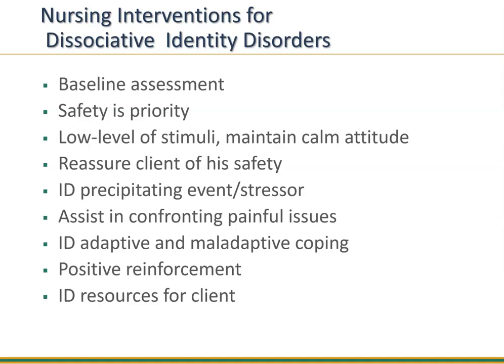So again, when you look at the nursing interventions on the slide, it's the same as the somatic. Baseline assessment, safety is going to be the priority, low level of stimuli, maintain a calm attitude, reassure the client that they are safe, try to identify the precipitating events and stressors that are causing the amnesia or depersonalization or another personality to emerge.